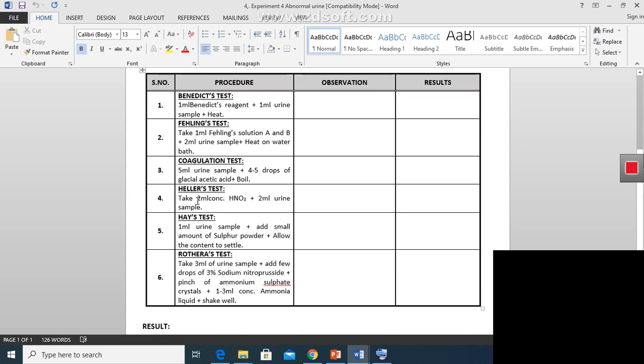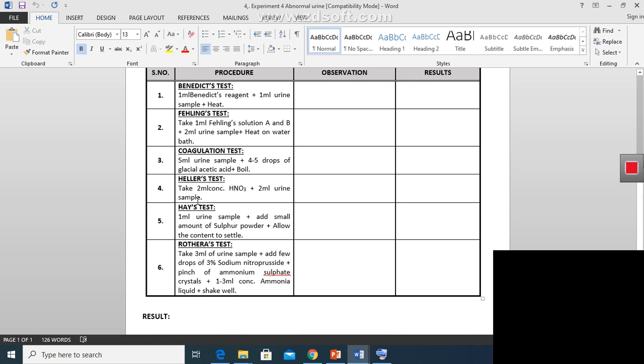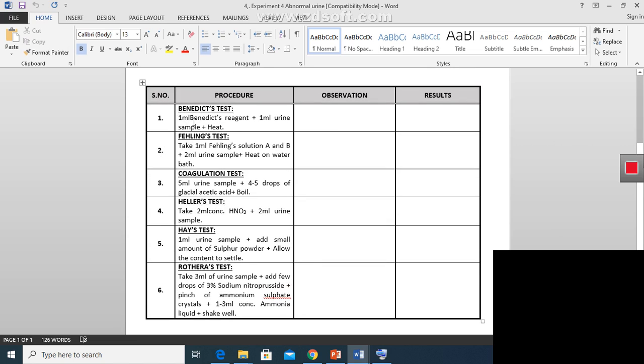One more most important thing that you have to understand is that the names of these tests tell us which reagent is used. Most of the tests are named after the reagent that is used to perform that test. For example, in the Benedict test we use Benedict's reagent, and in Fehling's test we use Fehling's reagent. This is a chemical that is named after the scientist who discovered it.